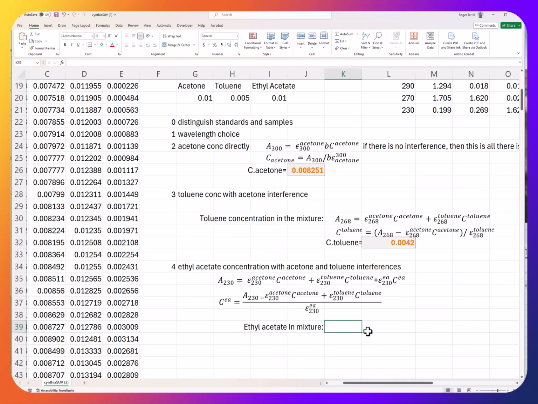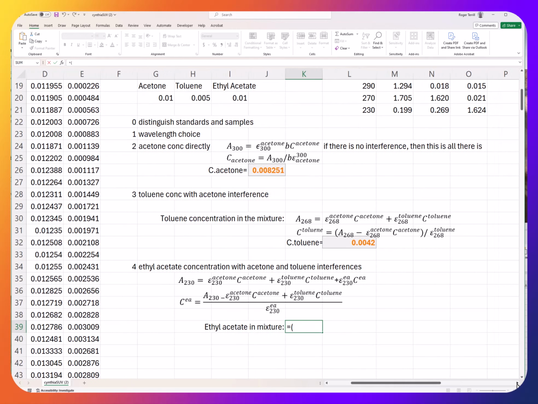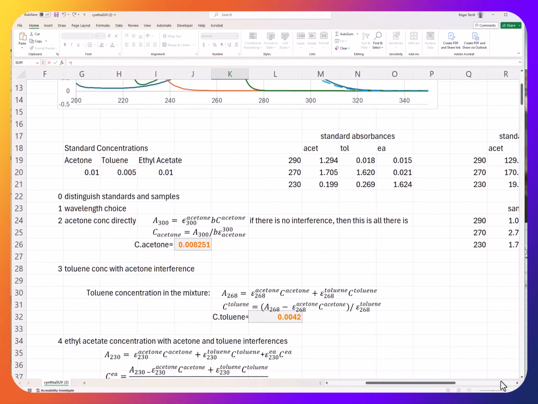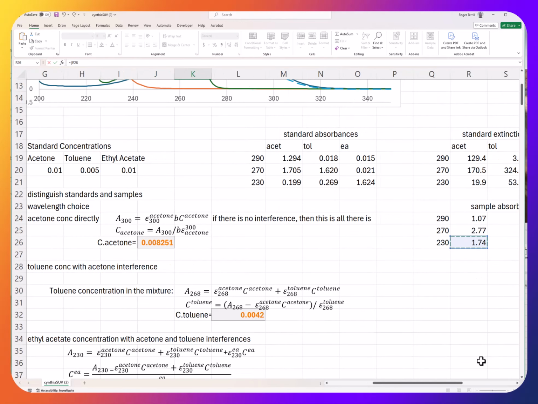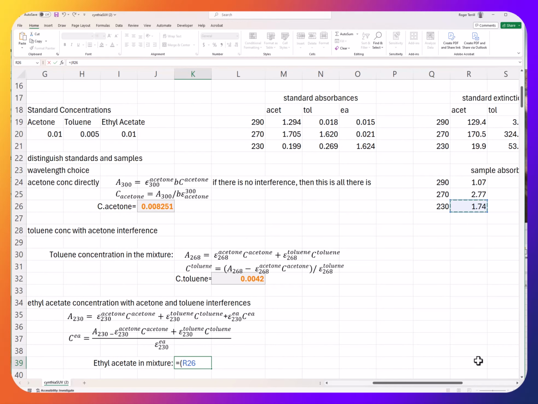And so this will equal, I'm going to left paren here. So I got to group all that stuff in the numerator. And I'm going to get the sample absorbance there, minus epsilon acetone C acetone, so epsilon acetone at 230 times C acetone.